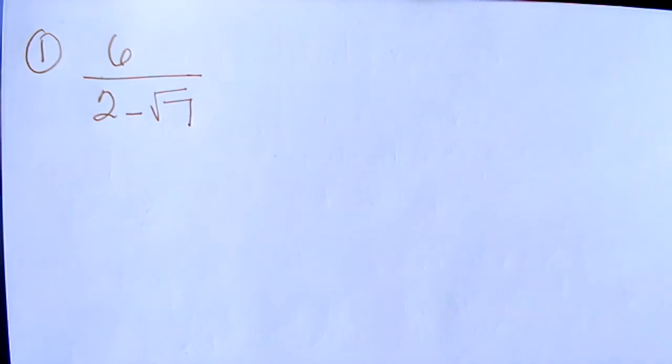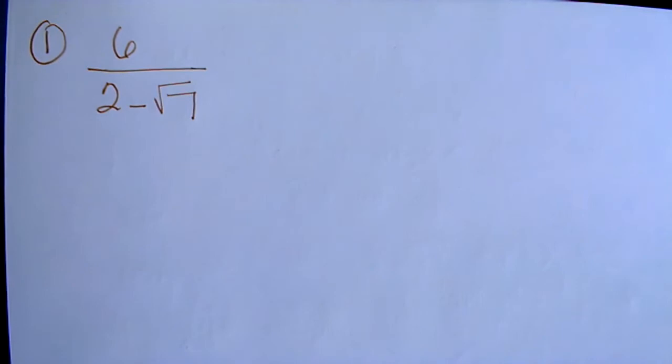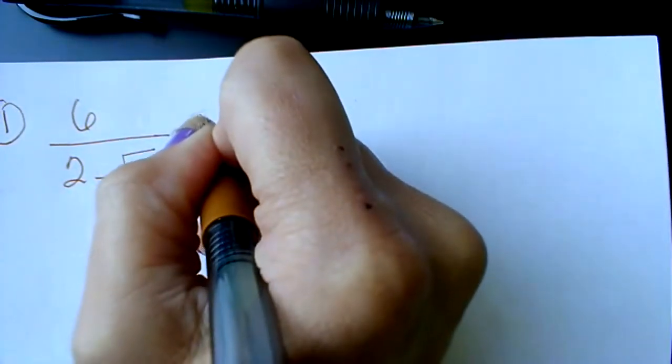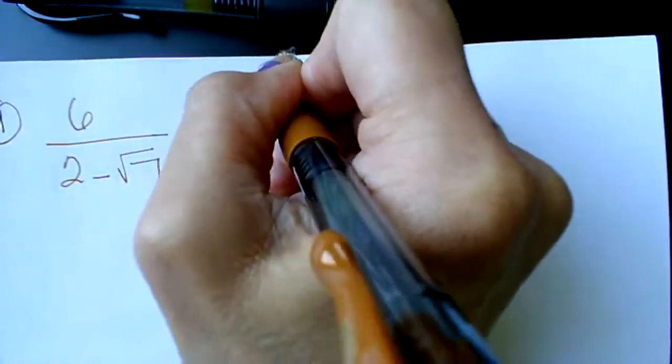So what do I do now? I'm going to multiply it by the conjugate, which is 2 plus the square root of 7, over 2 plus the square root of 7.